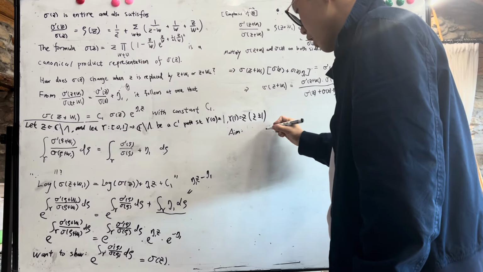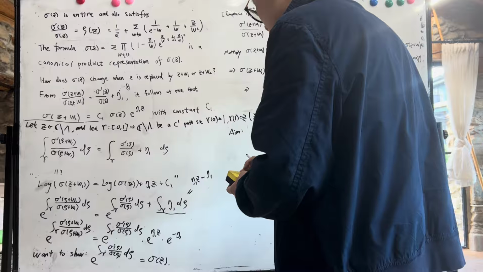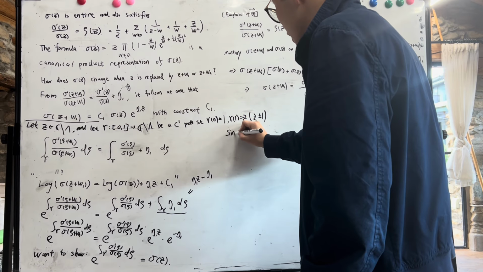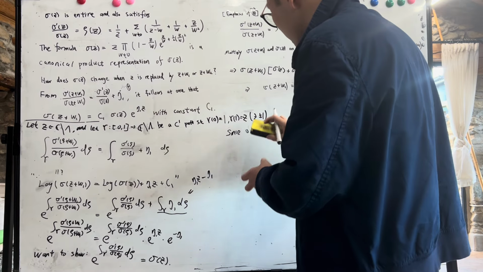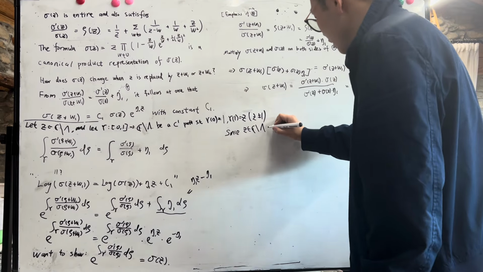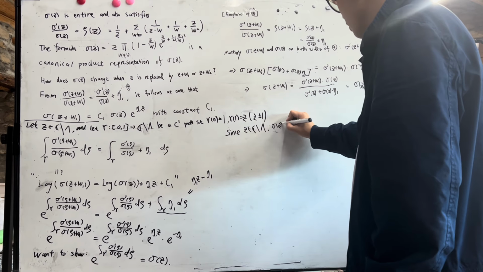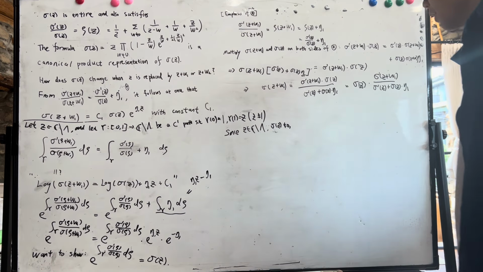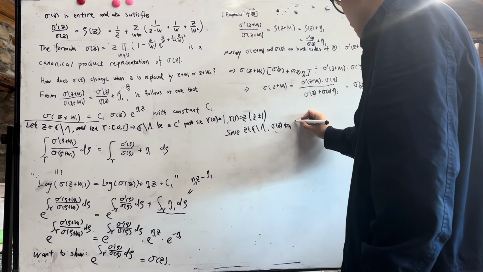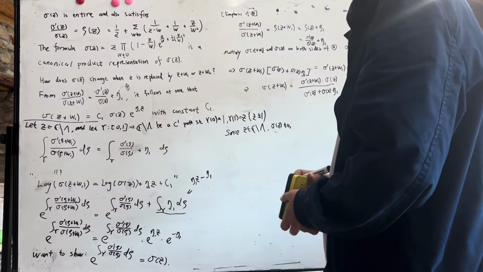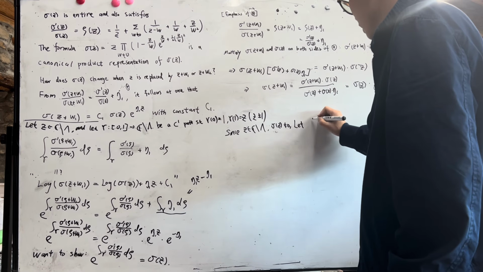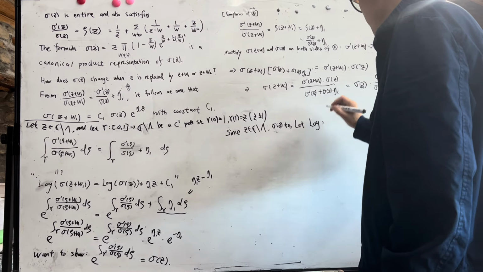Since z is not in the lattice points, we take away the lattice points and 0, so sigma z is not equal to 0, right? So now we define a principal branch.